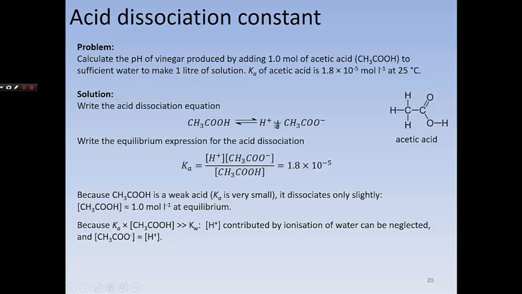As the acid dissociation constant of this weak acid is far greater than the ionic product of water, which is 10 to the negative 14, we can assume that the hydrogen ions produced are mainly from the dissociation of this weak acid. And therefore, the concentration of hydrogen ion is almost equal to the concentration of the acetate ions at the equilibrium position.